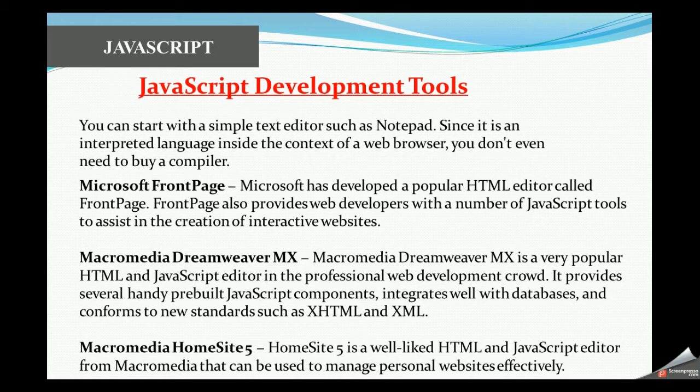These are various development tools, and you can download and use them. For starting, just use a simple notepad, write it over there, and you will get your first web page, and you will know how to create your JavaScript.